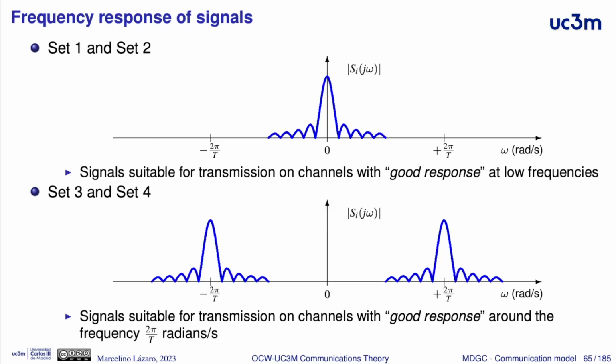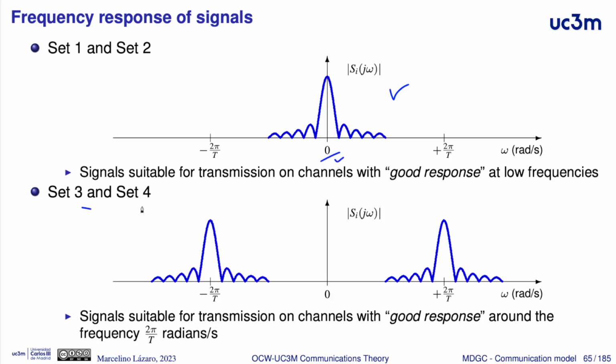Moreover, if we want to modify some of the signals, it's necessary to take into account their frequency response, because this response must be adapted to the characteristics of the channel that is used for the transmission. For instance, sets 1 and 2 can be used for baseband transmissions because the frequency response of square pulses is centered at 0.